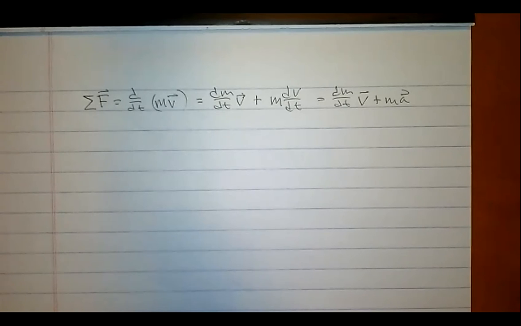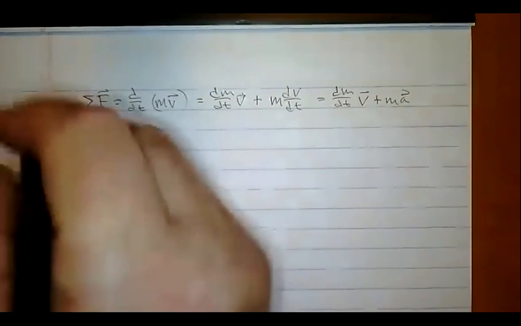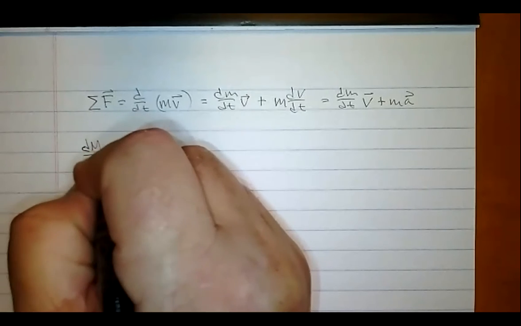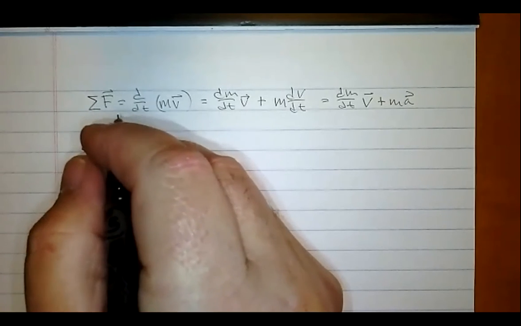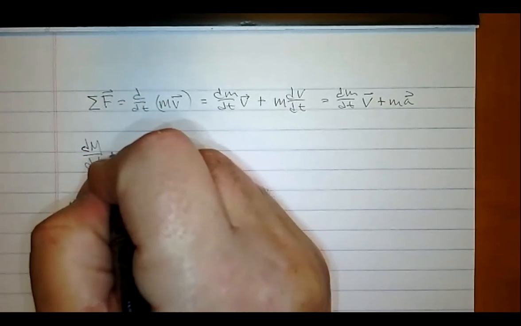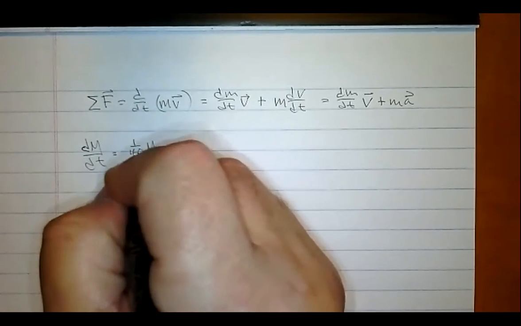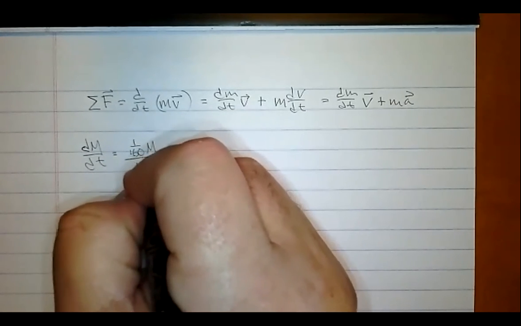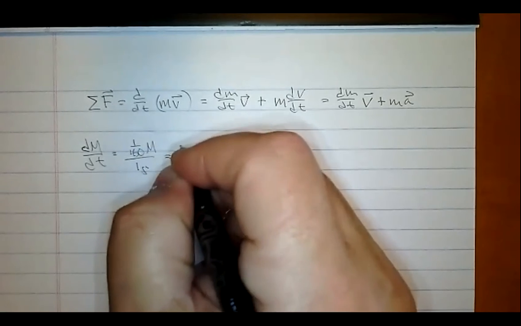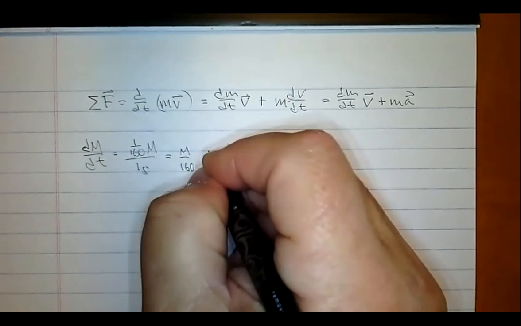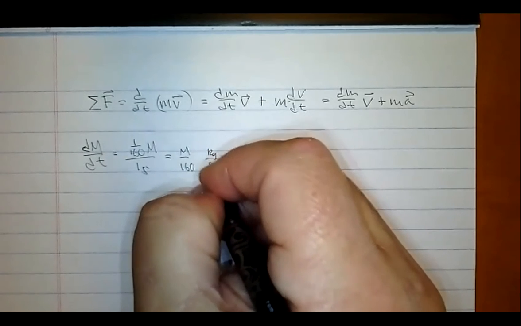So I'm looking at 1/160th: dm over dt is equal to 1/160th of the mass of the rocket divided by 1 second. So it's m over 160, in kilograms per second, say.